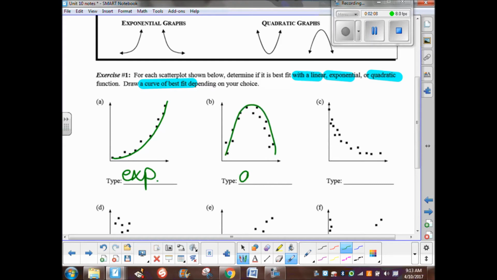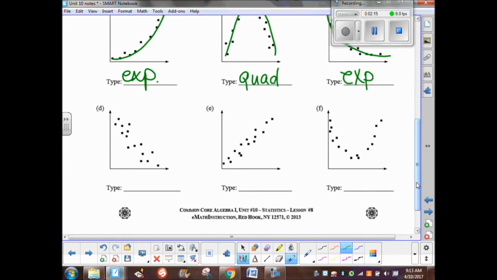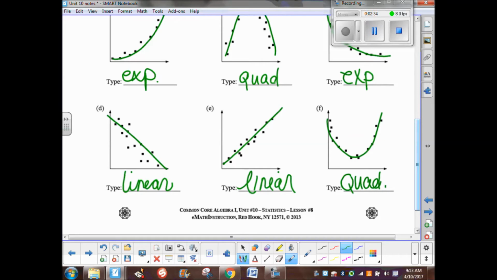We've got quadratic, exponential, that one's a decay one. I would say that one would be linear, with a negative correlation. We've got linear with a positive correlation or a positive slope, and then we also have another quadratic that comes up. Okay, pretty simple.